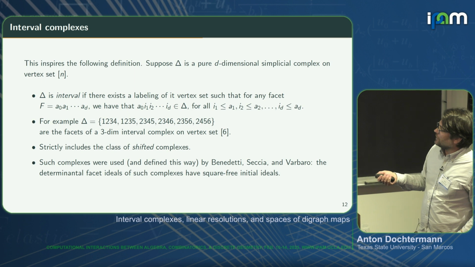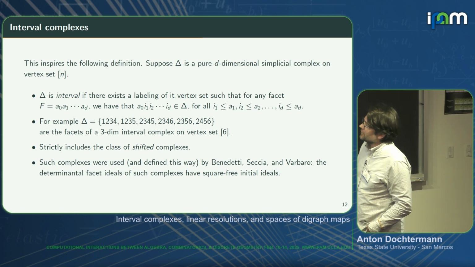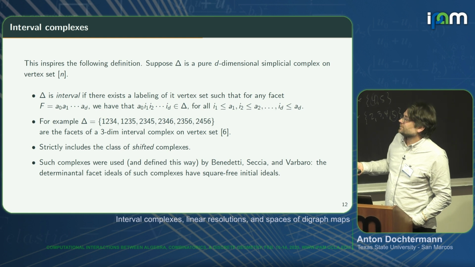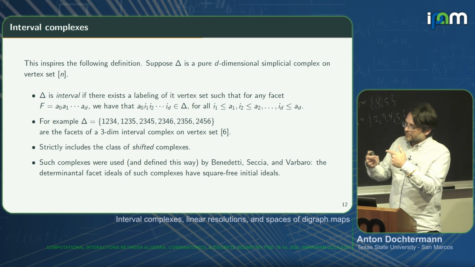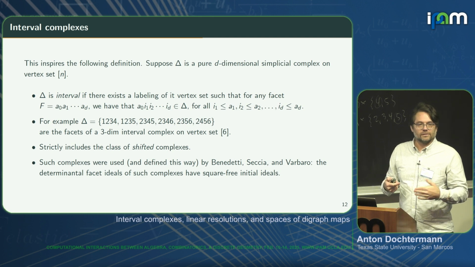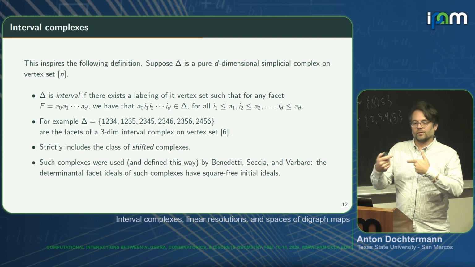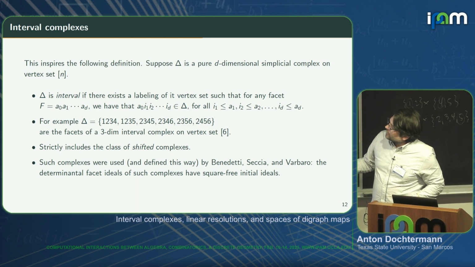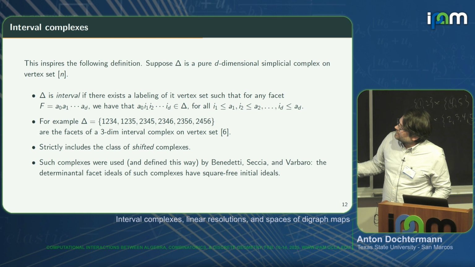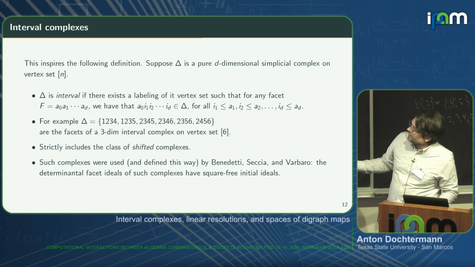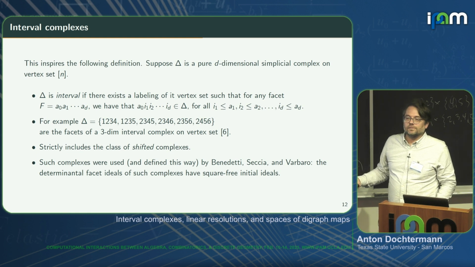The definition we want is: we have a pure simplicial complex on this vertex set, and I'm going to say it's interval if there is a relabeling of its vertex set, with respect to a labeling of the abstract complex, so that if you have a facet like this in the complex, then every time I bump down all but the first entry, it's also in there, it's also a facet.